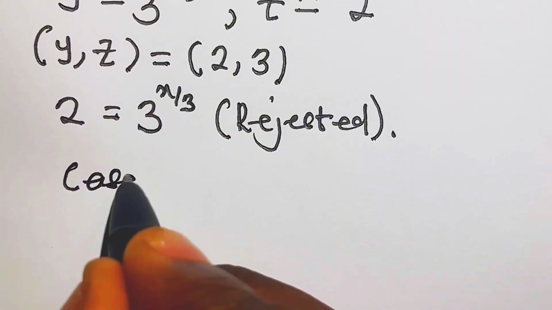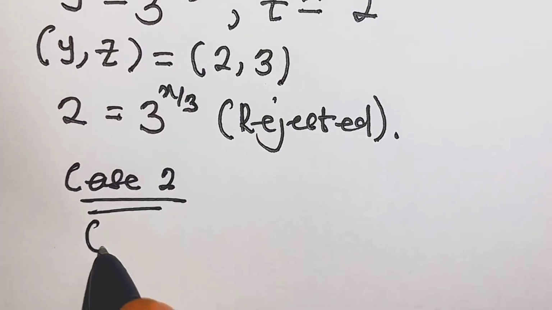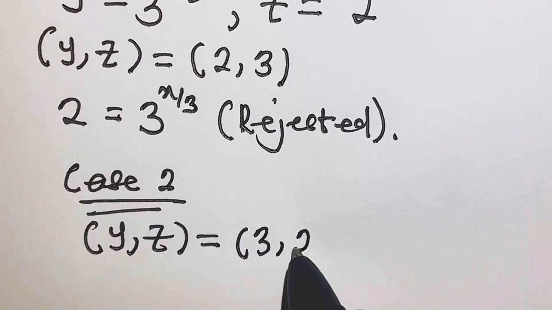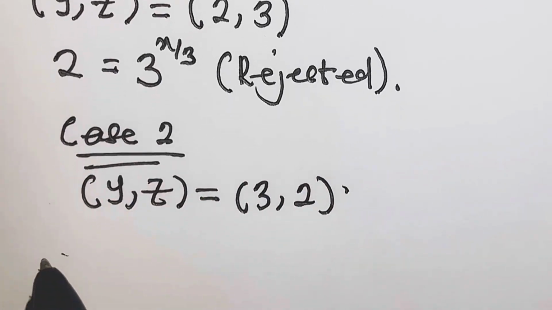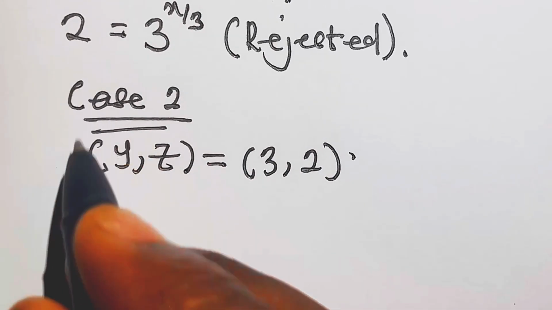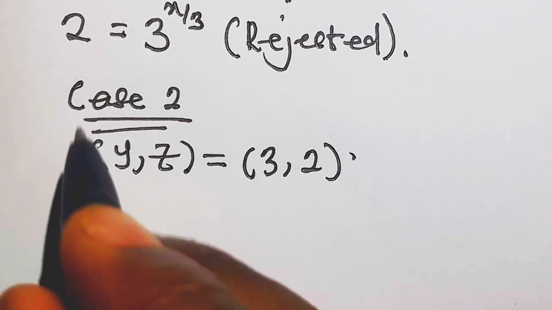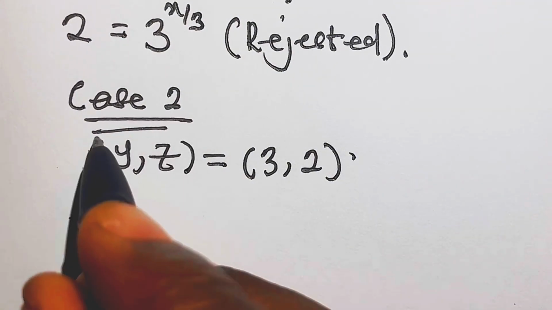So for the second one, which is a pair of 3 and 2, that's case 2, where we have a pair of y comma z equal to 3 comma 2, and let's recall that our y equals 3 raised to power x divided by 3. So what's our y?